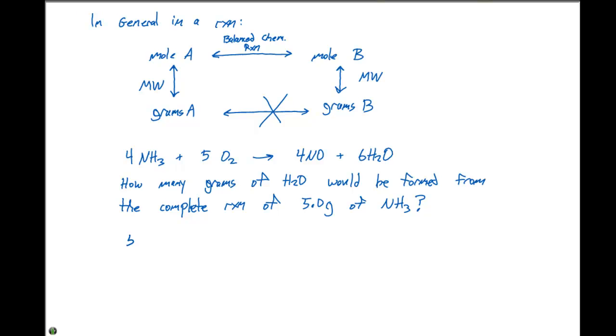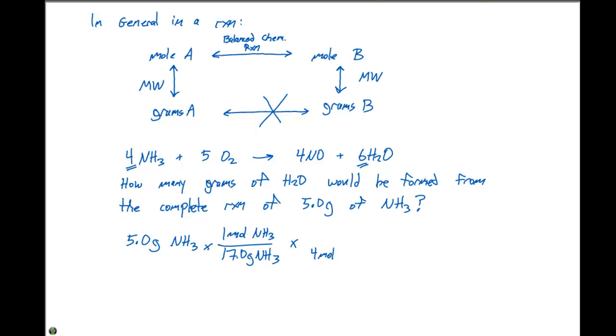So we'll start with our given quantity, which is 5.0 grams of NH3. There are 17.0 grams of NH3 in 1 mole of NH3, and we can find that by using molecular weights from the periodic table. Now we need to convert moles of NH3 to moles of H2O. We use the coefficients in the balanced chemical equation. There are 4 moles of NH3 for every 6 moles of H2O.